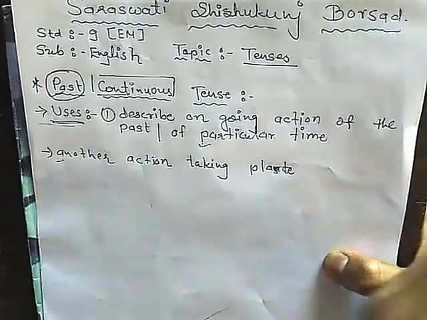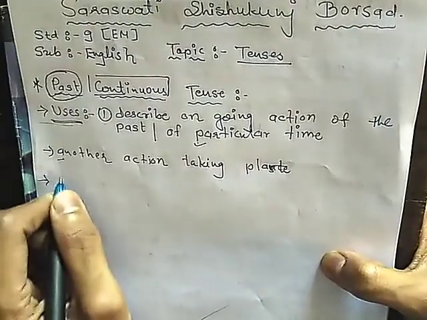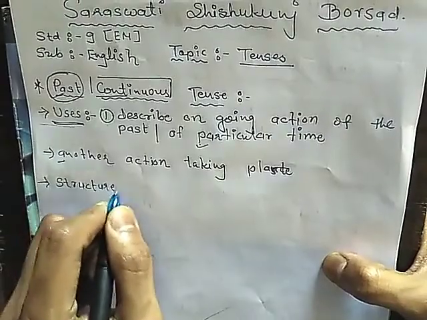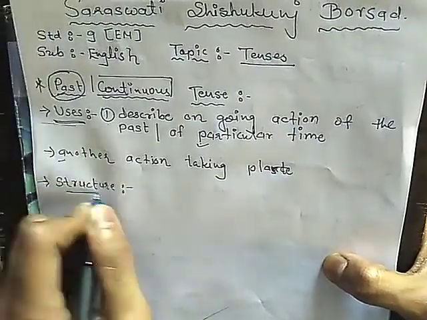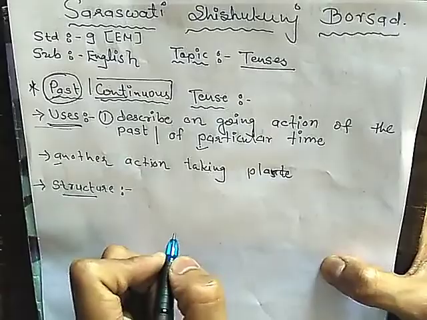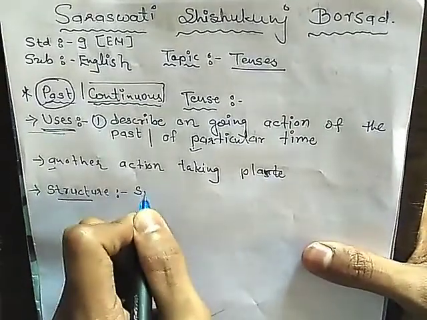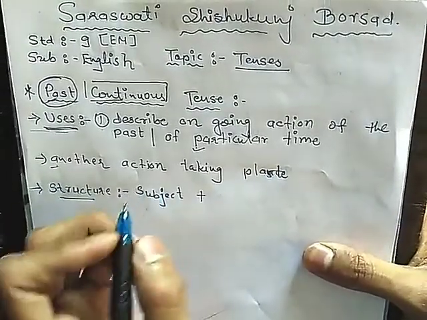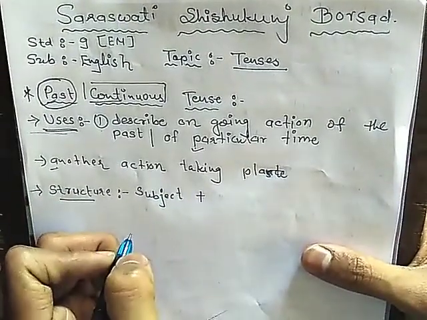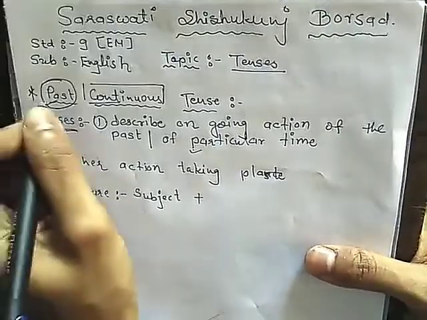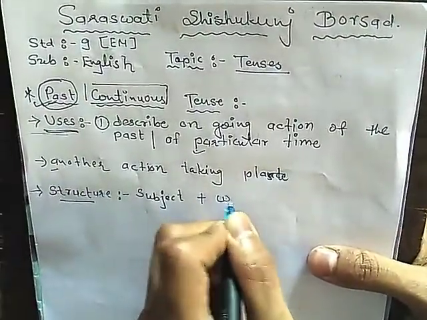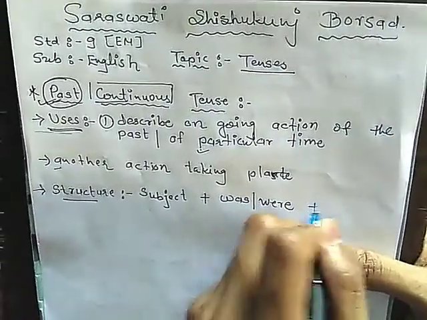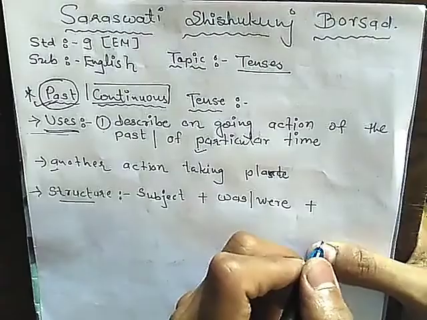Okay, now let us come to the structure of this tense. Structure: in the very beginning we are going to put the subject, plus, as it is a past tense, we have to put was or were regarding the subject.